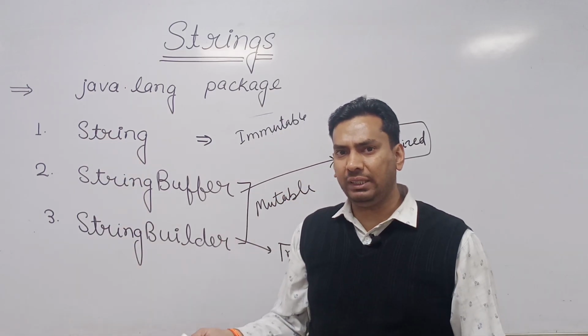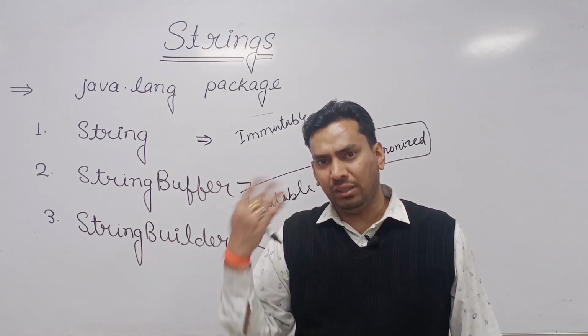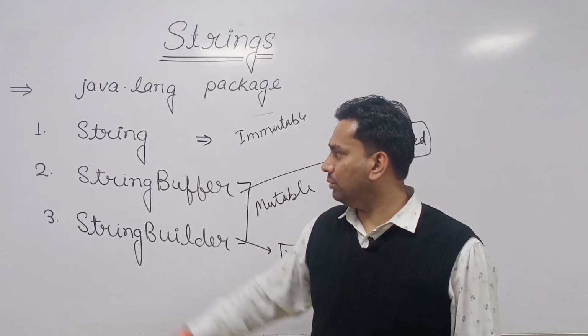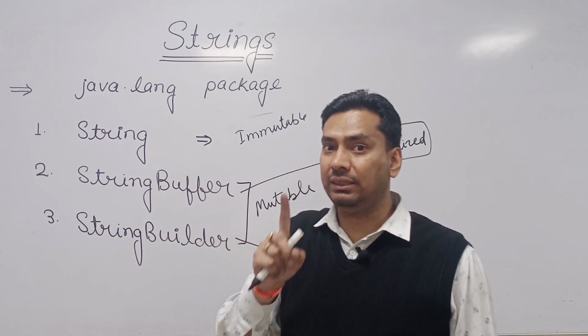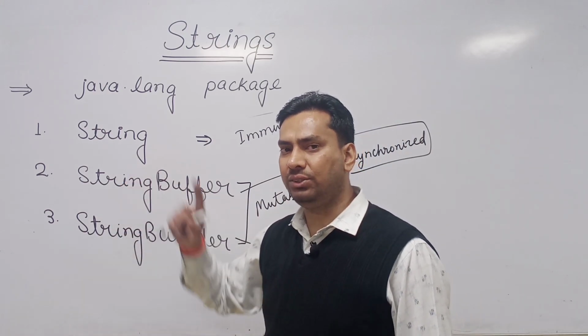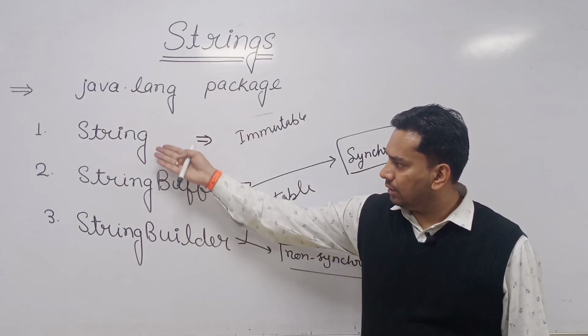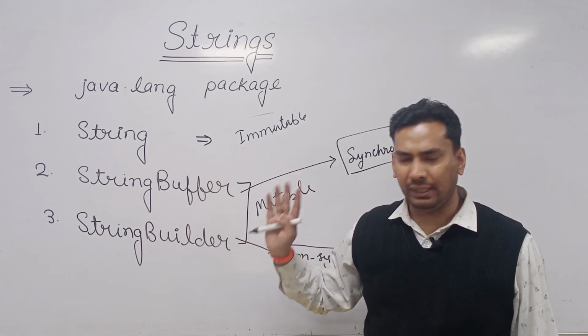Most of the time you will be using a StringBuilder when you have some modifications expected, but if you feel no modification should be done, you can go with the String class. But if your requirement is synchronization, you will go for the StringBuffer. So this is the differentiation between StringBuffer and StringBuilder, right?